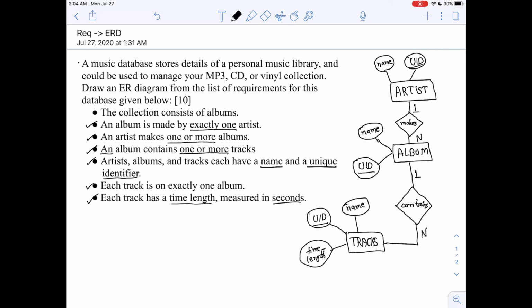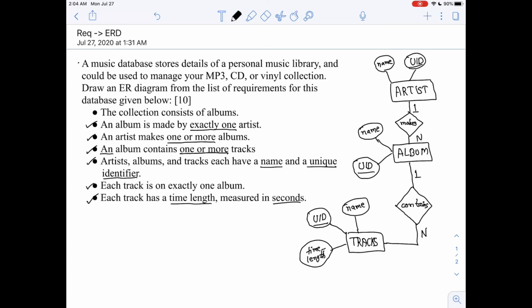So now briefly let's explore participation constraint, which states whether entities participating in a relationship is optional or mandatory. So let's look here, is it possible for a track to exist without an album? Well, if we read this line, each track is on exactly one album, it means a track will always be on an album.